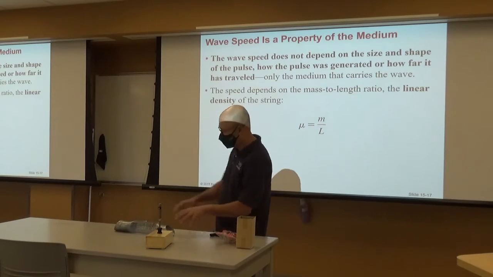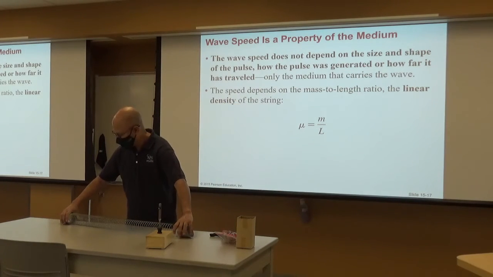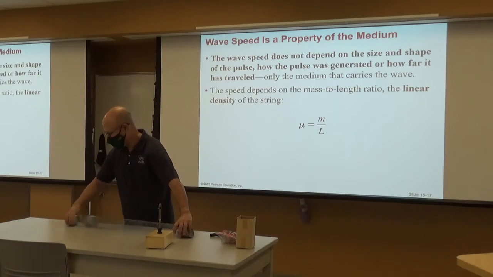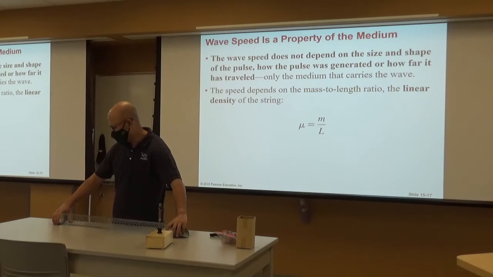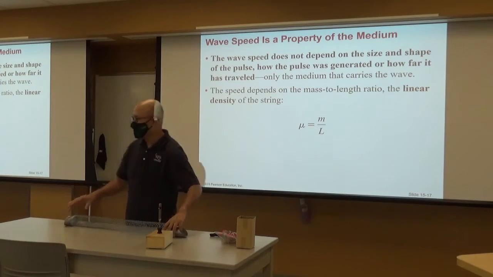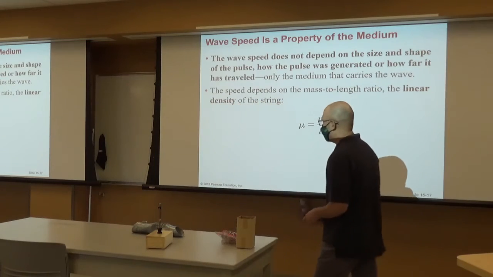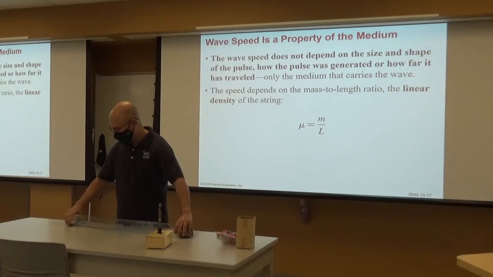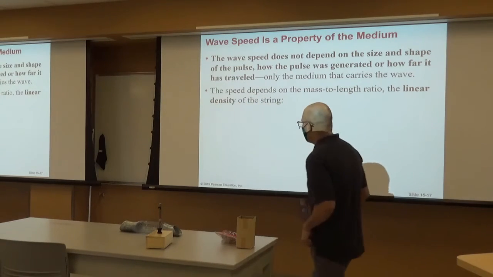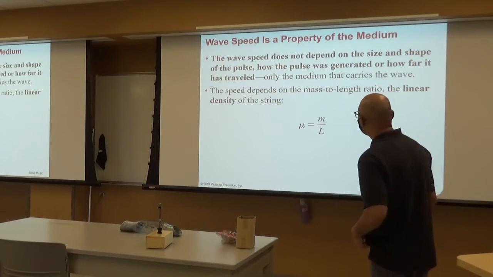I can produce a small pulse like this, or I can produce a big pulse like this. So this is a bigger pulse, or I can also produce a smaller pulse like this. So the speed does not depend on the size of the pulse. No matter if it's a big pulse or a small pulse, that won't affect how fast it's going to move.